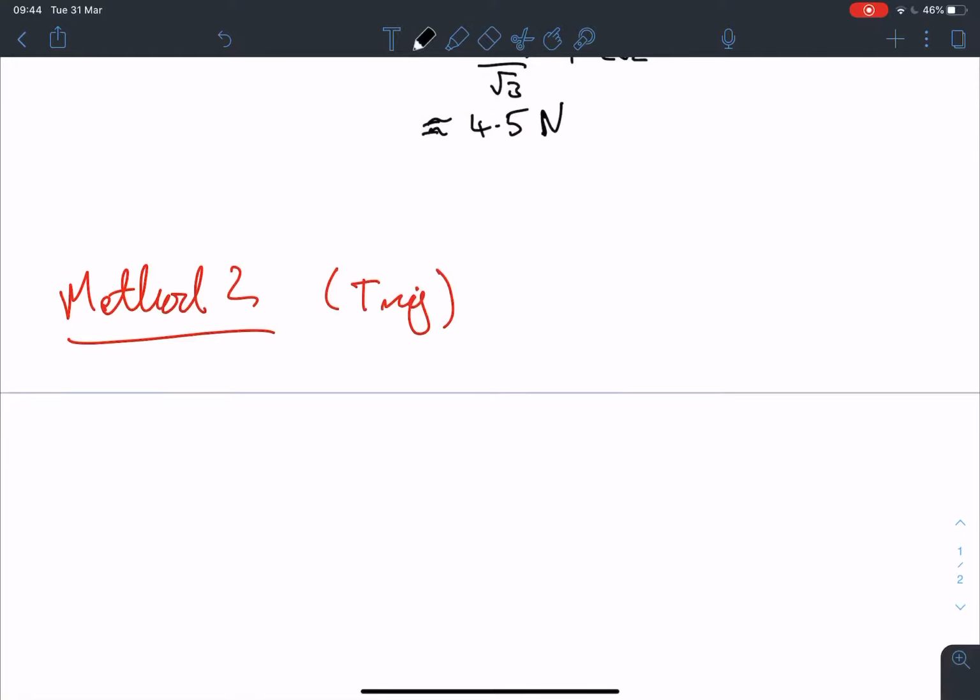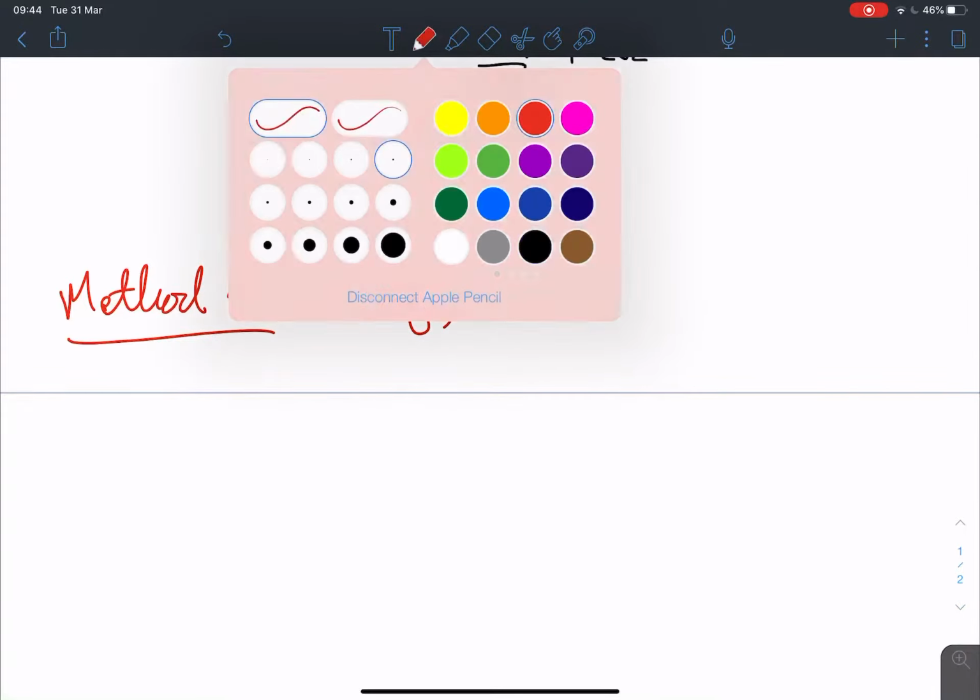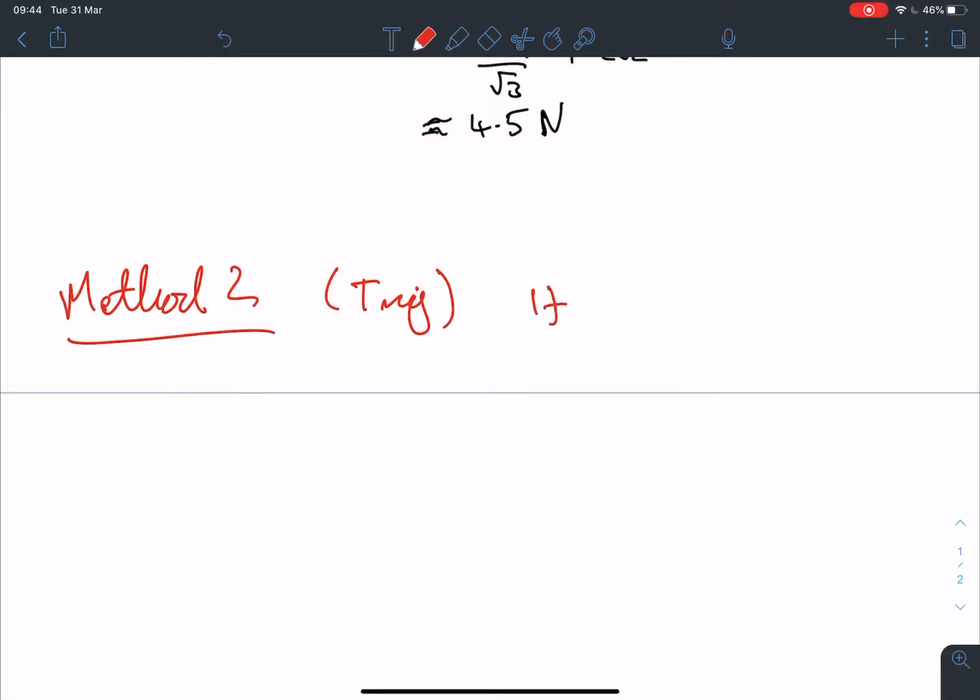So if we've got 3 forces, P, Q, and the one we know, the 4 Newton one, and they add up to 0, when we join the forces nose to tail, one plus the next, what must happen with that diagram?